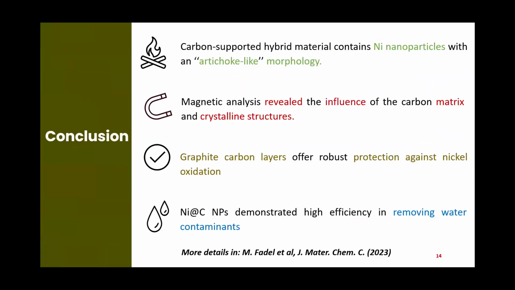The idea of the material that we synthesized is that it has amorphous carbon and is also magnetic, so we can separate it very easily without filtering and without using a different process. And also we found that the graphite layer can protect the nickel from any oxidation.